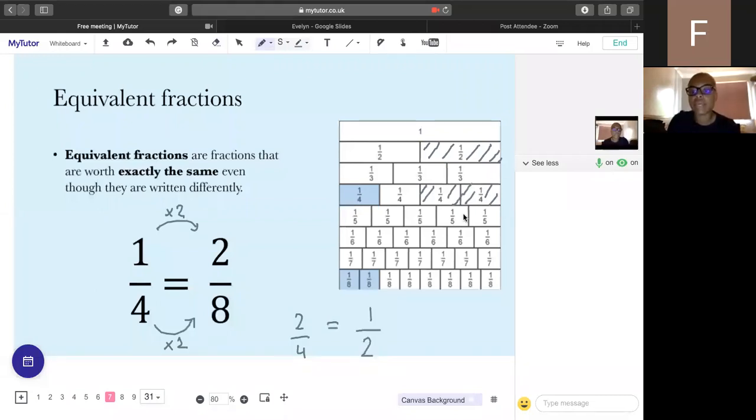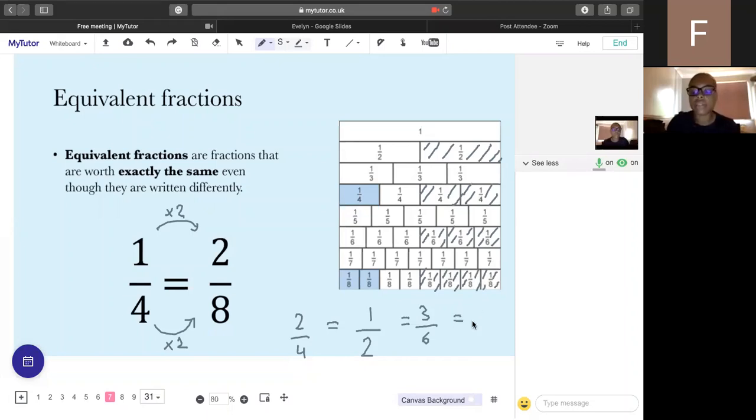And if we continued, we'd also realize that if we shaded in these squares as well, that means that 3/6 would be exactly the same as a half as well. And it would go on as well, if we were to shade in 4/8 on top of that. So 4/8 is also the same as a half.